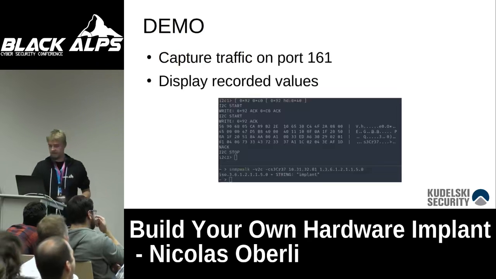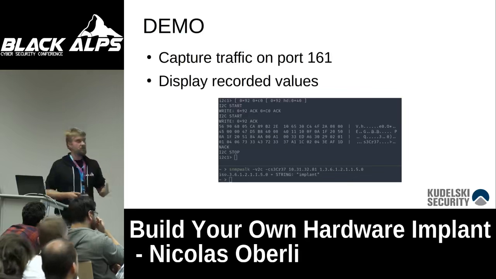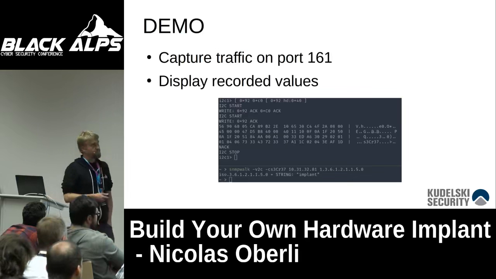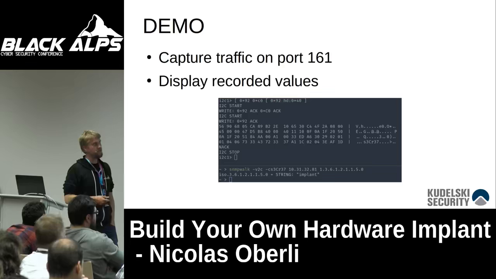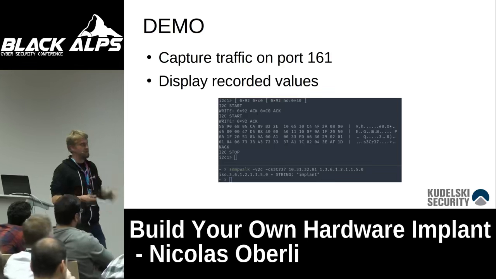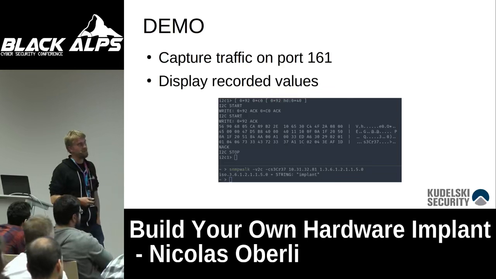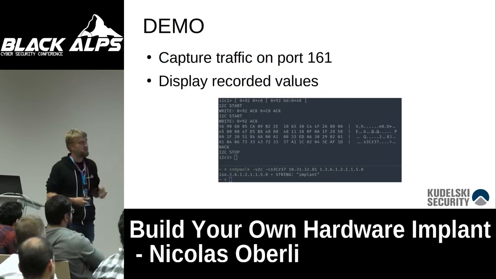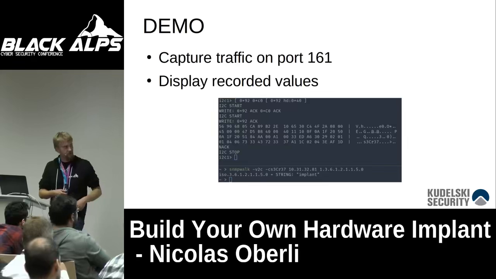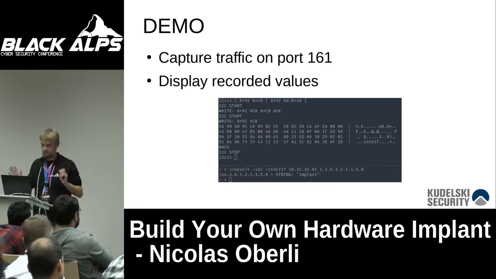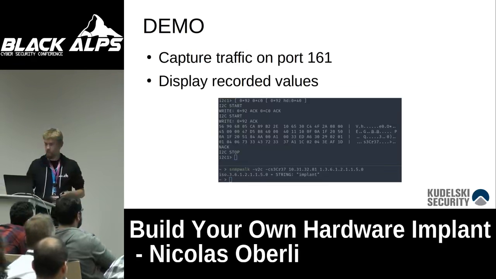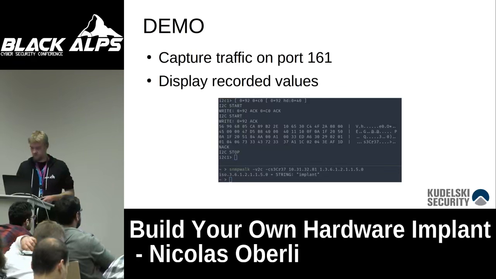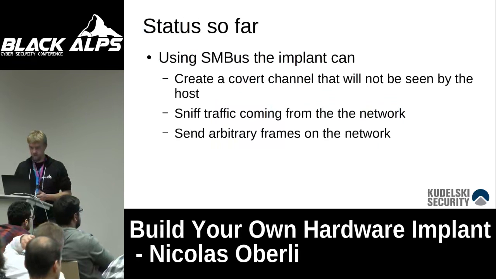And in that case, if the demo was working, again, I'm sorry for this, you should see that on the implant, we can receive the traffic, but from the network side, you can actually see the SNMP query and you get the response back. So this is great. There's a way to sniff traffic and still make the network work correctly, which is good.